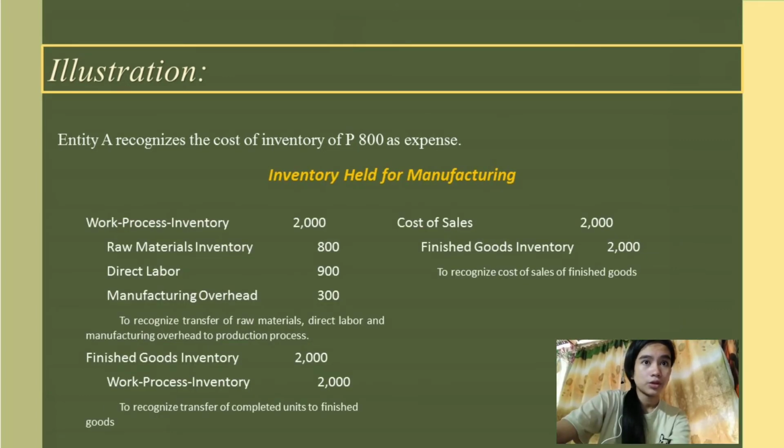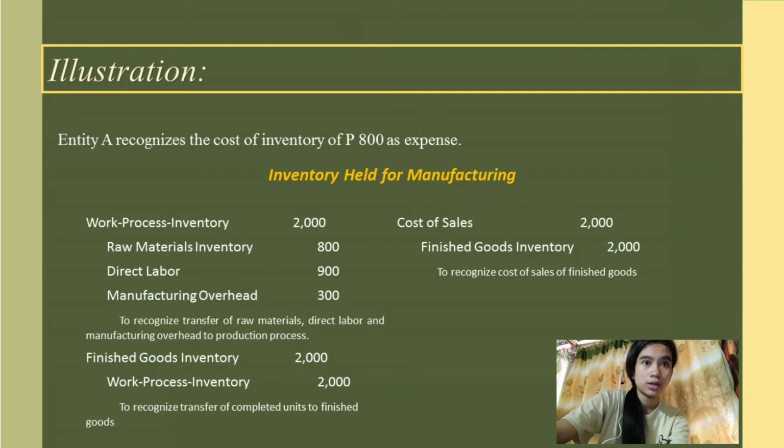When it comes to inventory held for manufacturing naman, we have a different approach wherein we debit work in process inventory 2,000, credit raw materials inventory natin ay 800, direct labor ay 900, manufacturing overhead ay 300, to recognize transfer of raw materials, direct labor, and manufacturing overhead to production process.